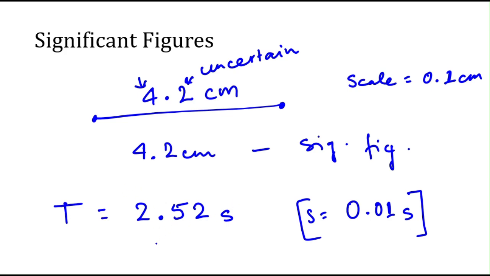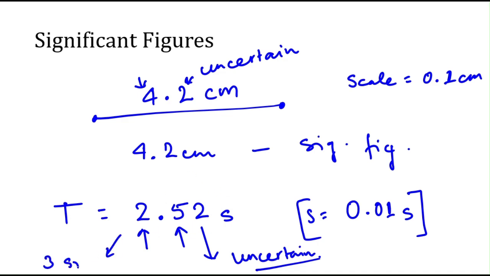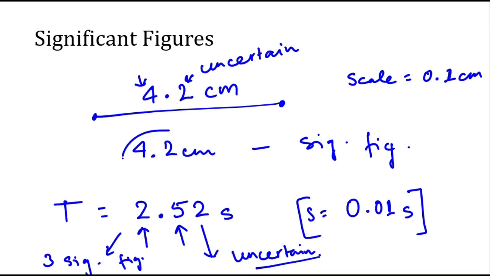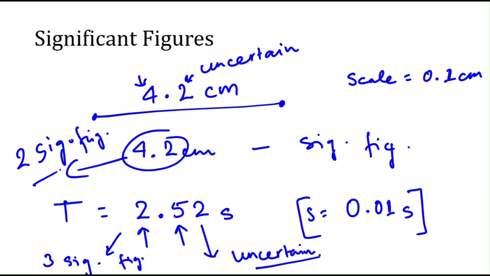So this one is a certain figure, this one is also a certain figure, and this one is one uncertain digit. Combining all these things, we say that these are significant figures. So here there are three significant figures in this measurement, and in the earlier measurement we have two significant figures only. In this way, we report any value with significant figures.